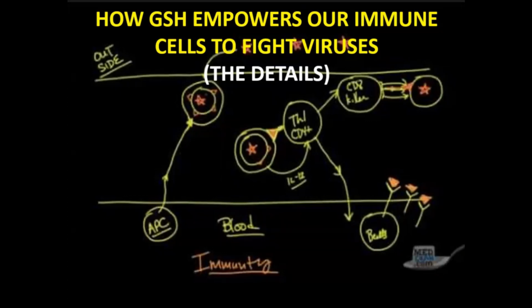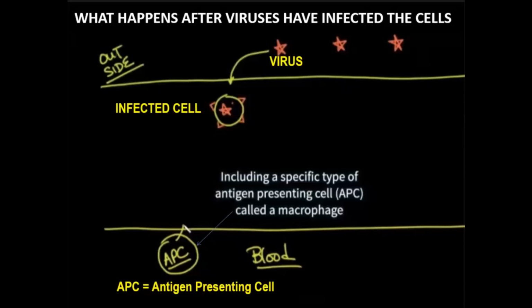Okay. So what happens after the viruses come into the body and infect our cells? So you see from the top, the virus comes in, and then gets into the cell. So the first component of our immune system is called the antigen presenting cell. It is a specialized macrophage, right?